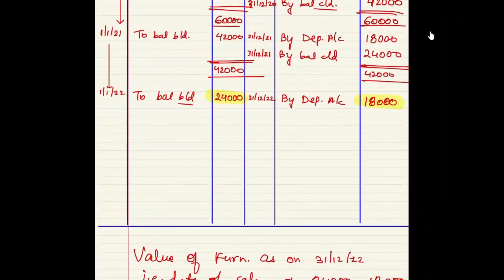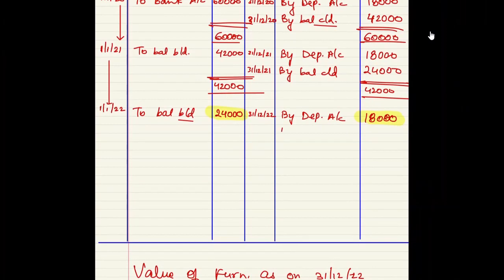Now, if you see your furniture account, you can calculate. So you have sold the furniture for how much? 5,000 rupees. Now this furniture is no more left. So what is the total on the debit side? It is 24,000. On the credit side, the total is 23,000 right now.